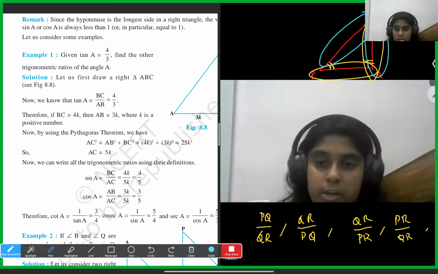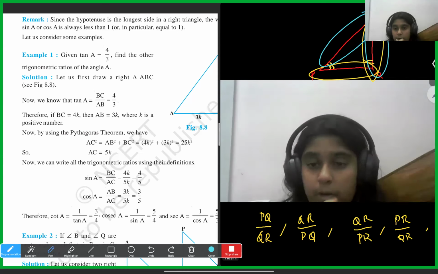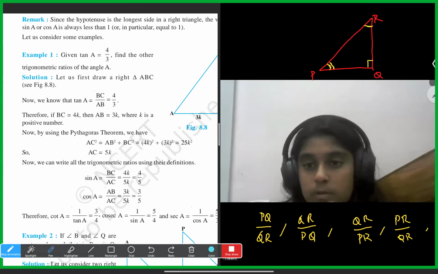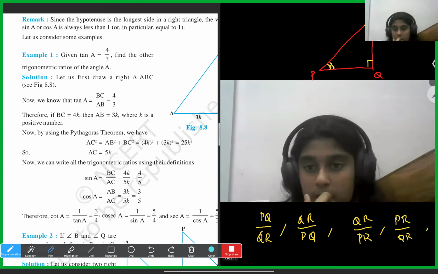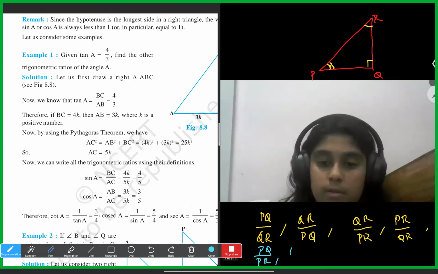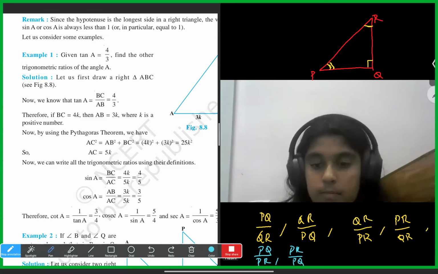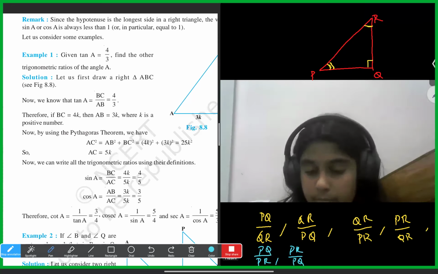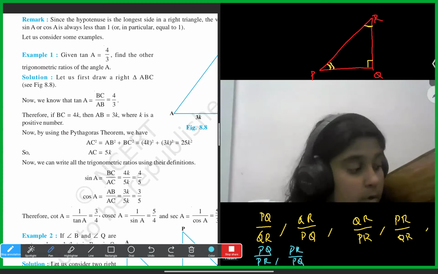We didn't use horizontal by hypotenuse. So now PQ by PR, can you check? And its reciprocal, PR by PQ. So these are the 6 different ratios which we can write. Yes or no? Yes, sir.